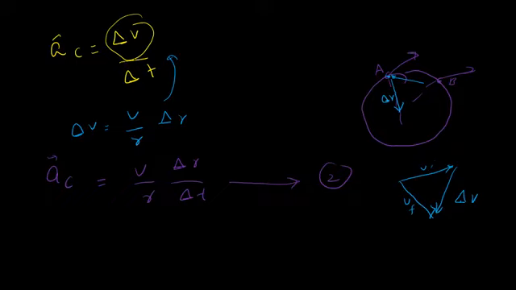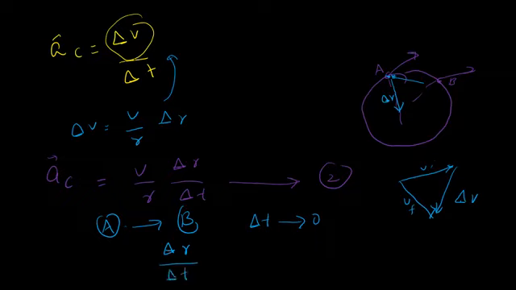So at the instant when point A approaches B, delta t will approach 0, because both A and B are at the same point at the same time. Whenever delta t approaches 0, delta r divided by delta t will approach the speed v.